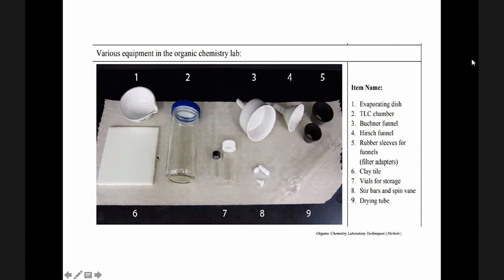And 6, we have here the clay tile. 7, vials for storage of reagents also or samples. Number 8, we have here your stir bars and spin vane. Amo ni siyang ginabutang sa magnetic stirrer nga pwede man siya during titration or when you are mixing your reagents. Mas lasig ni siya than the manual stirring. Number 9 is the drying tube.